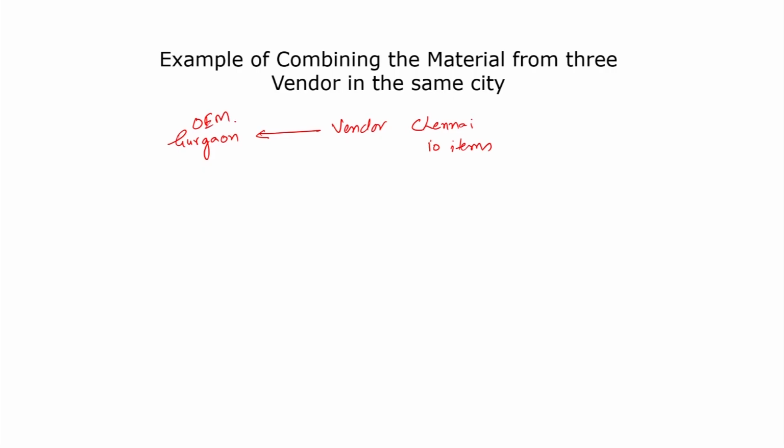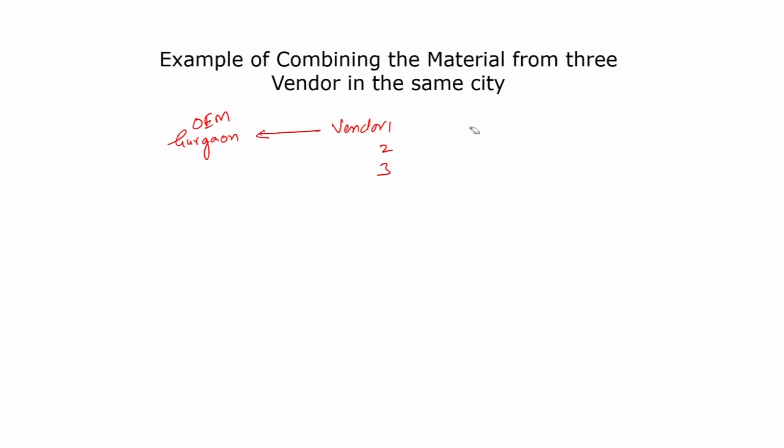This is the OEM and this is the ancillary vendor. Not only that, you may have 3 vendors or 5 vendors located away from your plant. Let us say you are having 3 vendors, vendor 1, 2 and 3, and from them you are purchasing the items.